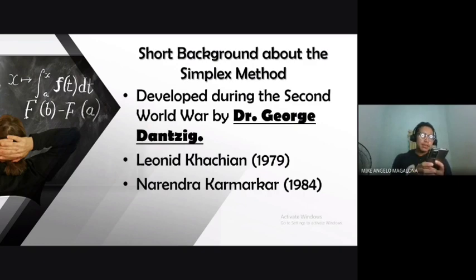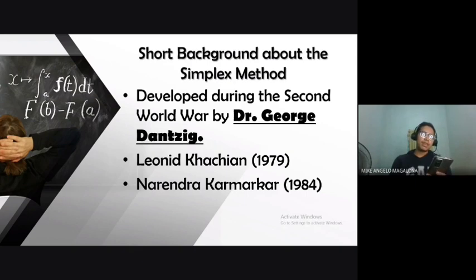So the simplex method was developed during the Second World War by Dr. George Dantzig. His linear programming models helped the Allied forces with transportation and scheduling problems. In 1979, a Soviet scientist named Leonid Khachiyan developed a method called the ellipsoid algorithm, which was supposed to be revolutionary. But as it turned out, it is not better than the simplex method.